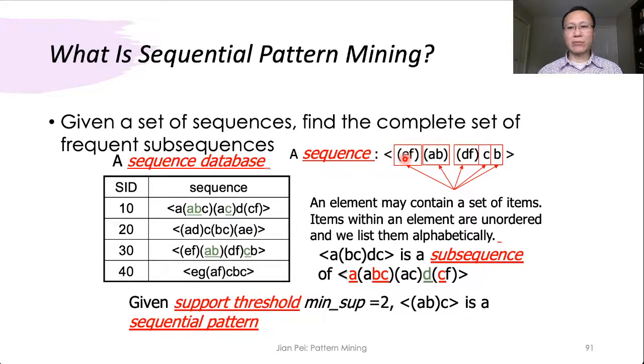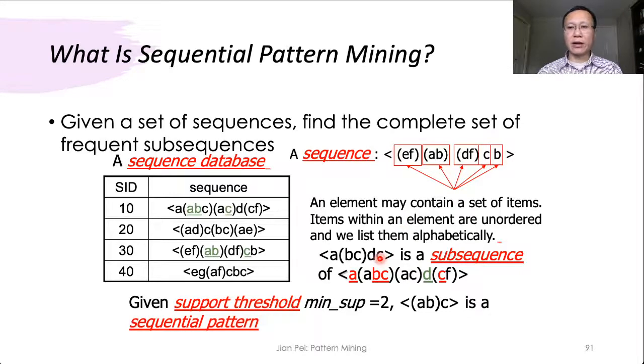We can just list them in alphabetical order for convenience. However, different elements in this sequence are ordered. They follow some order, for example, the spatial arrangement, or the temporal order in which we observe the data.